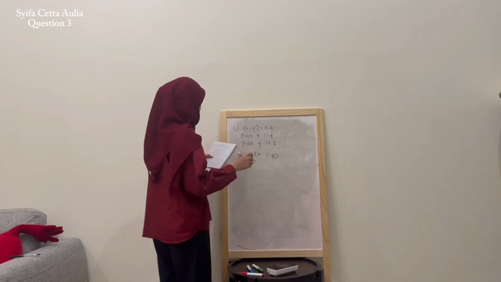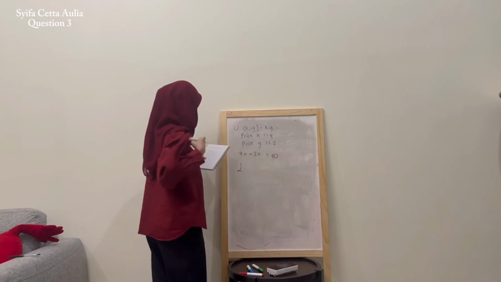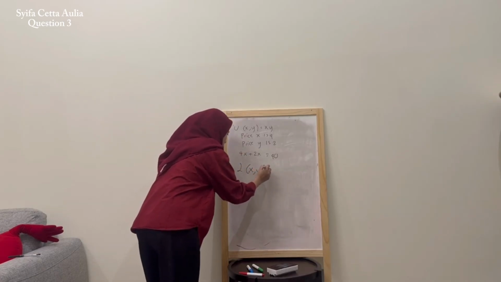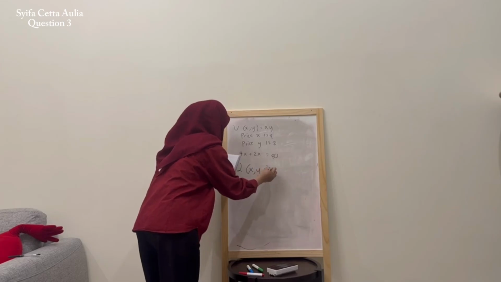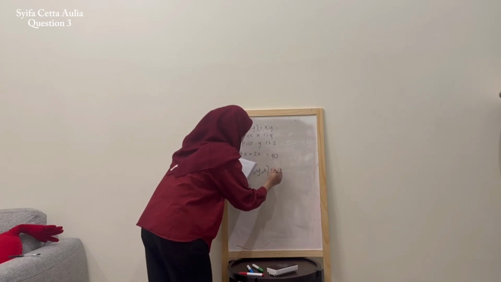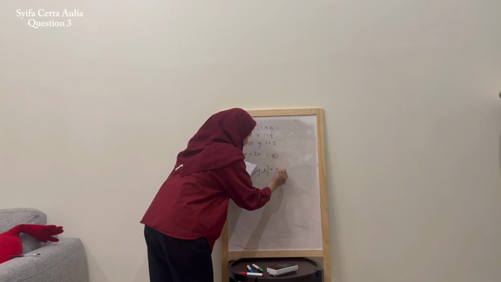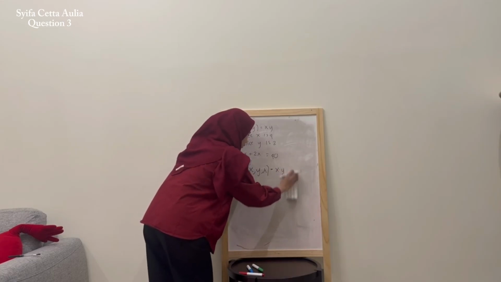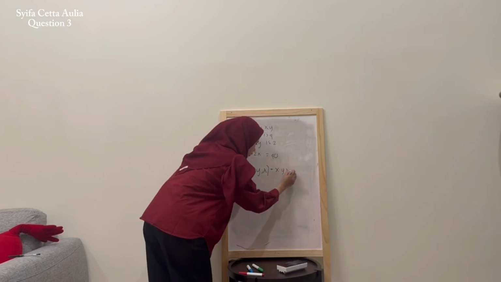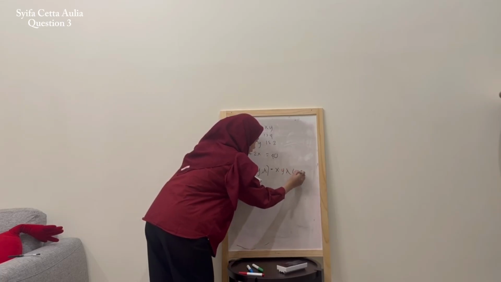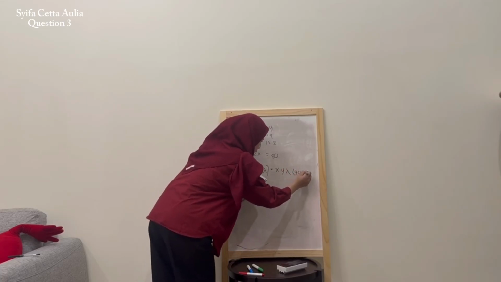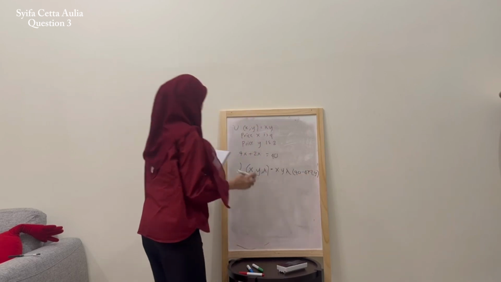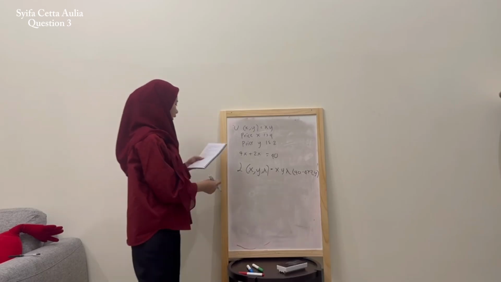The Lagrange function is L of x, y, lambda. So the first thing we find is the first derivatives.